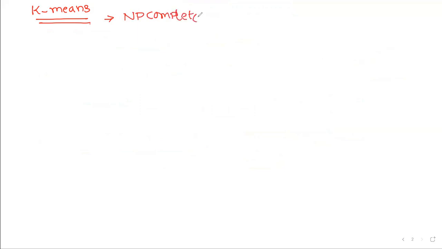I think everyone knows NP-complete, NP-hard problems. NP-complete problem means, simple thing, there is no efficient solution for the given problem. What we require in k-means is a global minimum value.